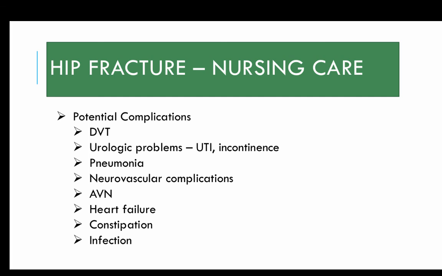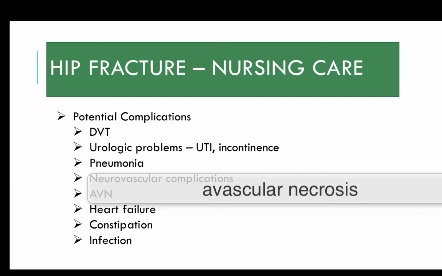Avascular necrosis, where if you have a complete fracture there and they're older and they have decreased perfusion or they already have vascular disease, they can develop avascular necrosis, which is a necrosis of the bone from lack of circulation. Heart failure, because the heart has to work really hard. Constipation from immobility and pain meds. And of course, infection.